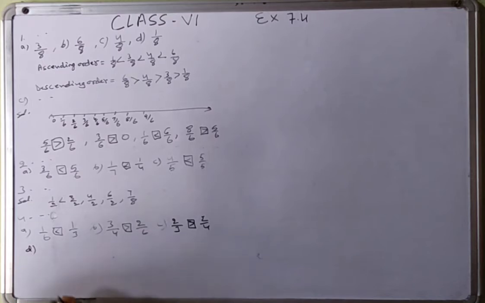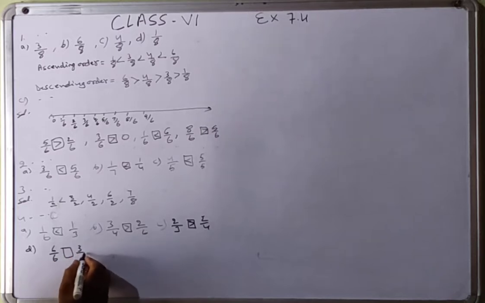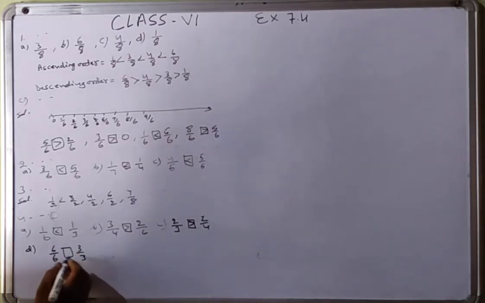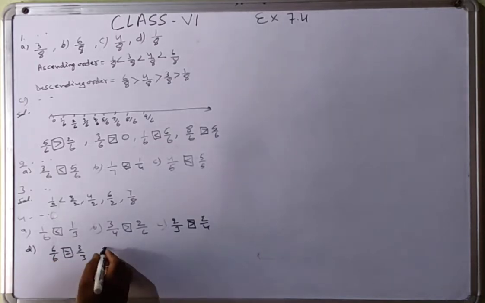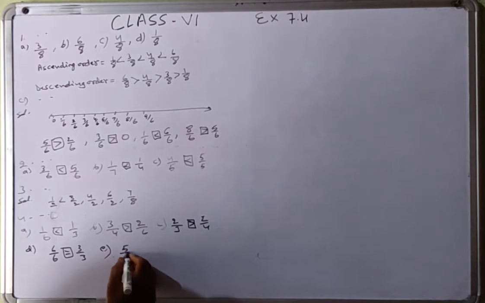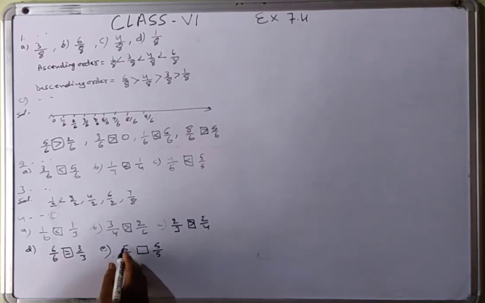D part: 6/6 box 3/3. Both are equal because the numerator and denominator are equal, so that will be equal. E part: 5/6 box 5/5. The numerators are equal, and the denominator here is 6, so this is the smaller number.